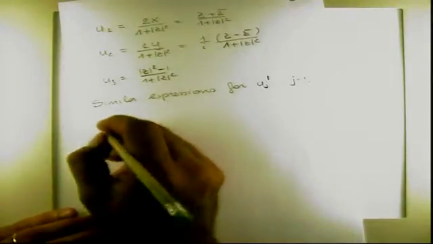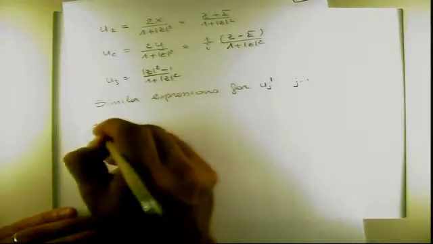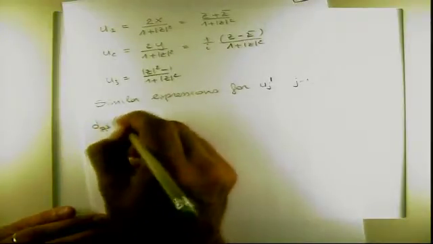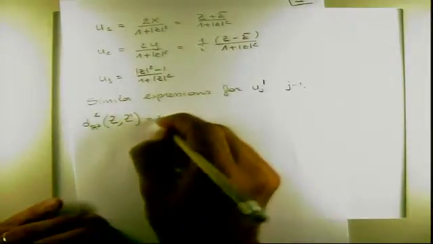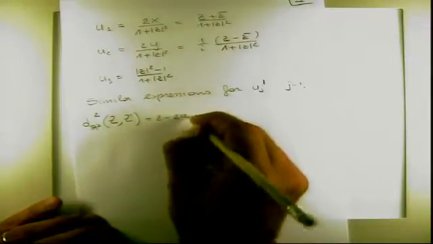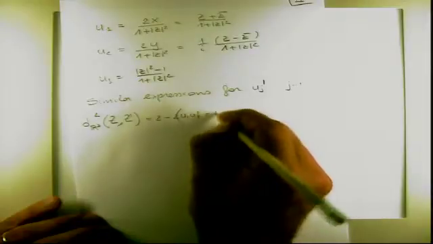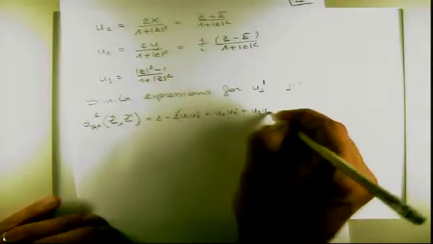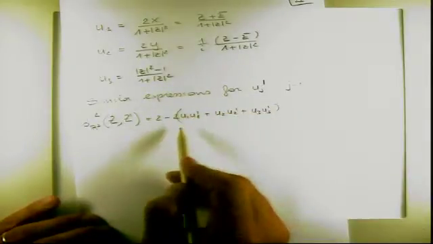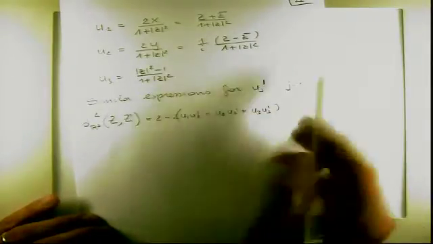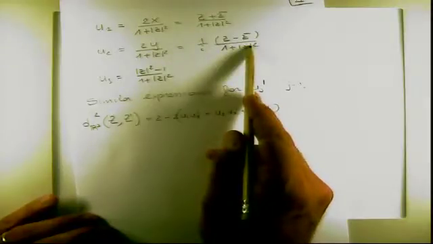Now, when I consider the square of the Euclidean distance between z and z prime, I have 2 minus 2 times u1 prime plus u2 prime plus u3 prime. And I have to substitute to the uj primes this expression in z and see what happens.